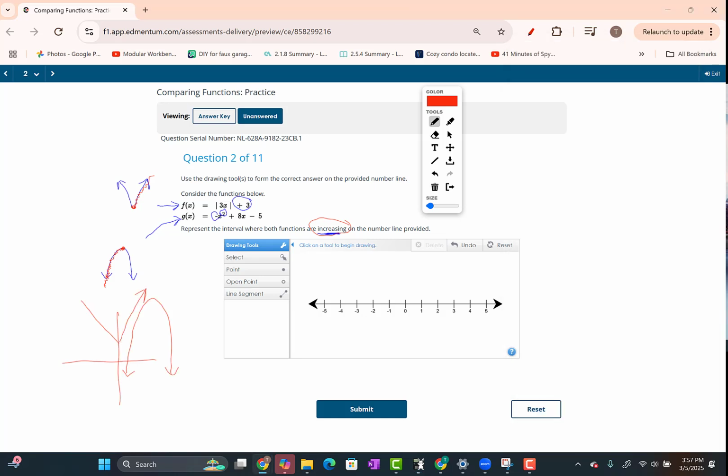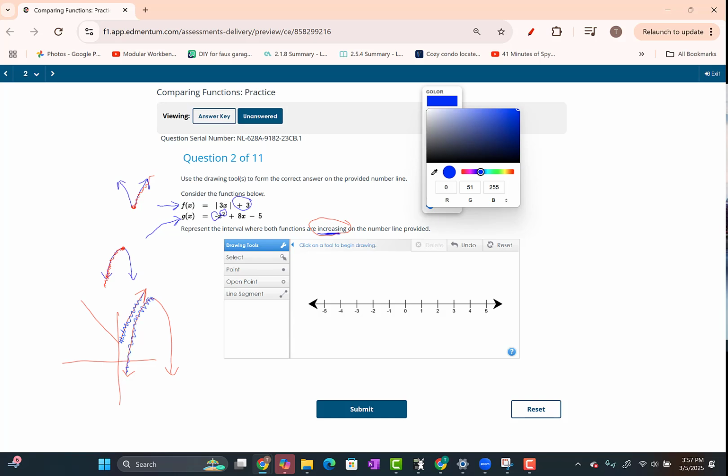In other words, I drew a little makeshift graph. This is what we're dealing with, but really the correct answer is only in this range right here. And specifically, when we write the interval where a function is increasing, we only use the x values.